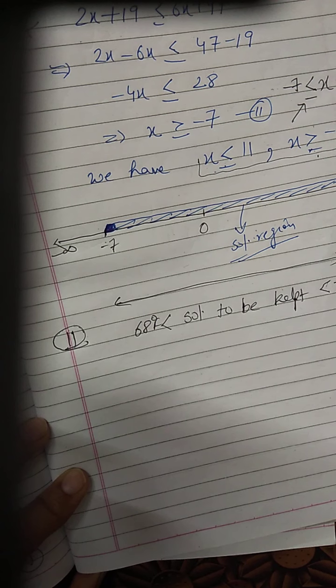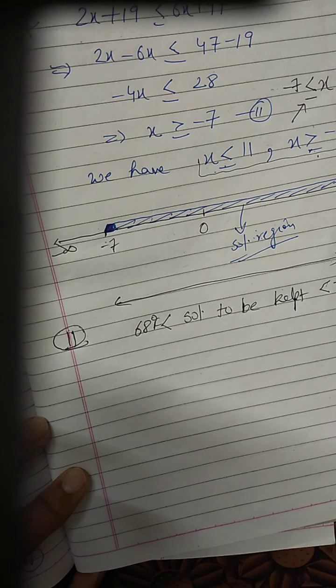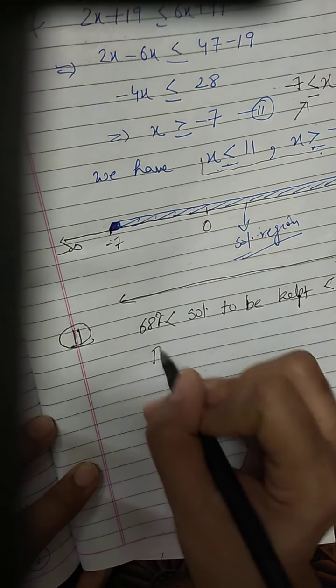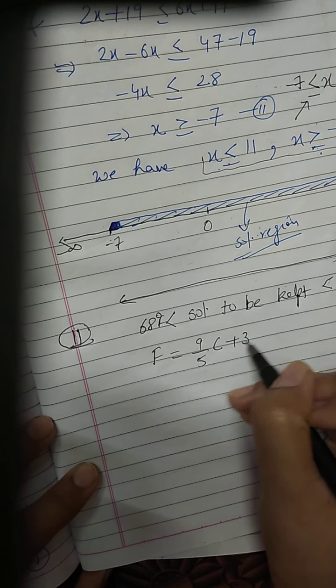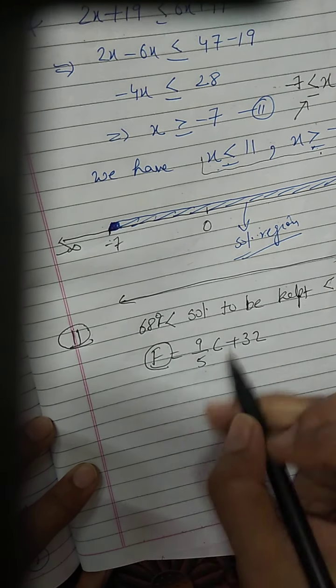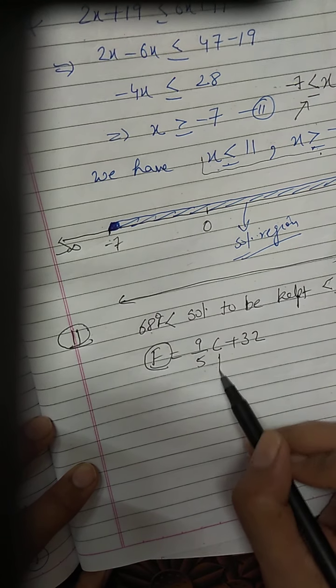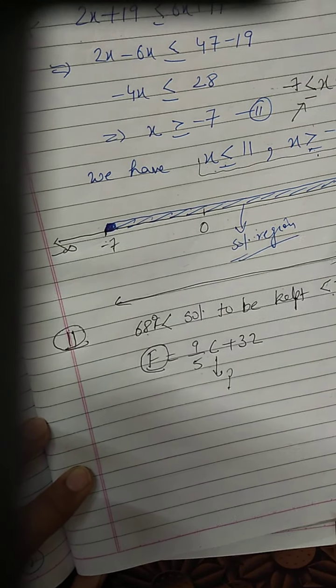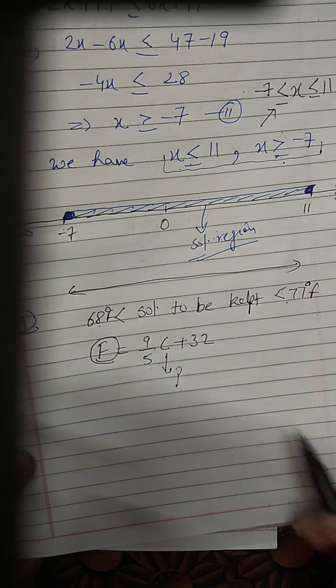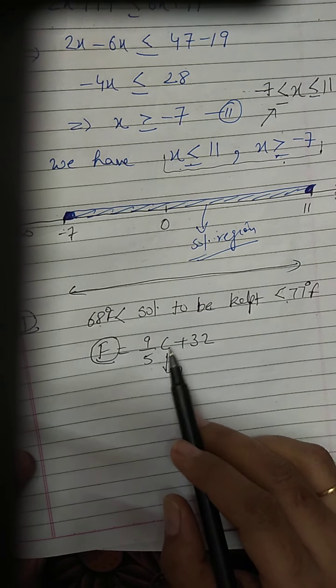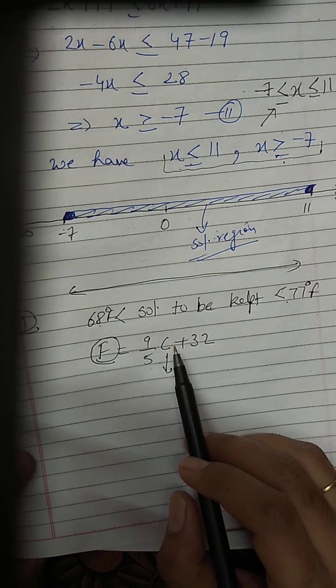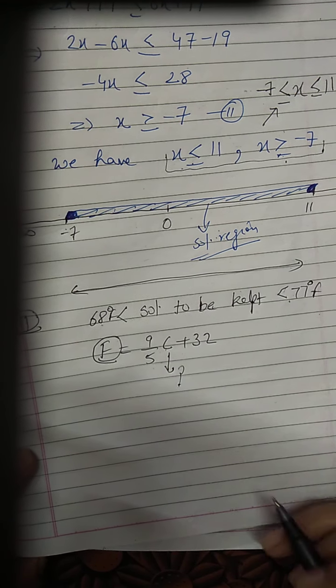What is the range in temperature in degree Celsius? The Celsius and Fahrenheit conversion formula is given. So we are given that Fahrenheit is equal to 9 by 5 C plus 32. For this thing, the range is given. We have to find the range for C. That's it.